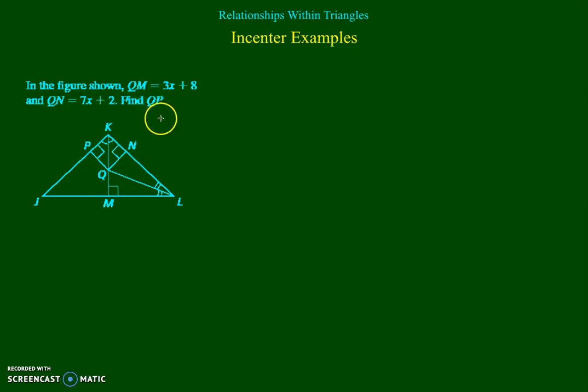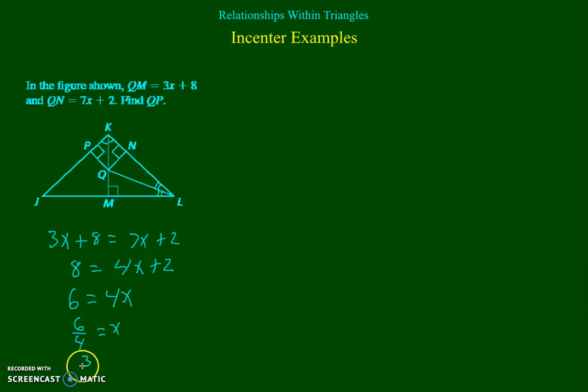So again, just like in the last problem, let's set these equal to each other, solve for x, and substitute. So we have 3x plus 8 equals 7x plus 2. Subtract our 3x. 8 equals 4x plus 2. Subtract the 2. 6 equals 4x. Divide by 4. 6 over 4 equals x, which is 3/2 equals x.